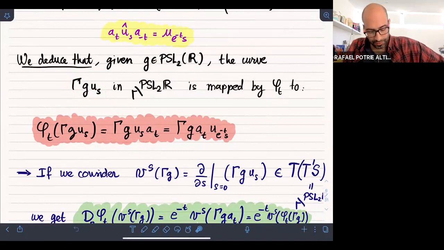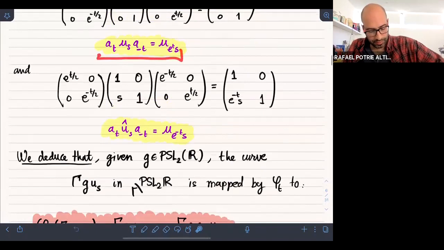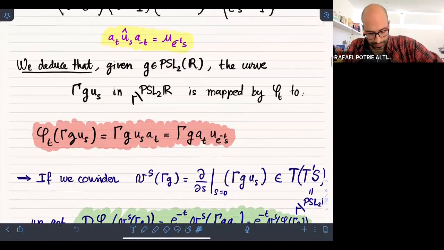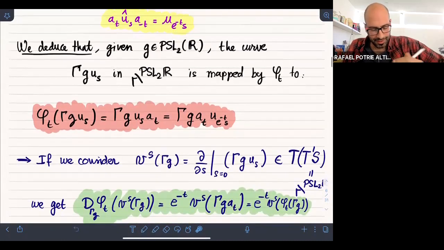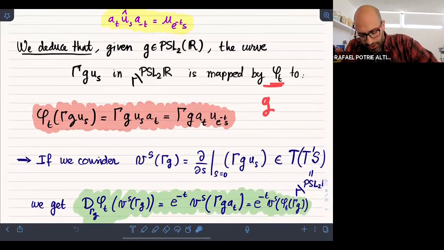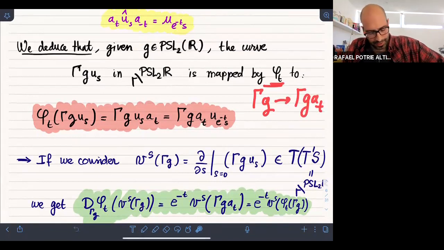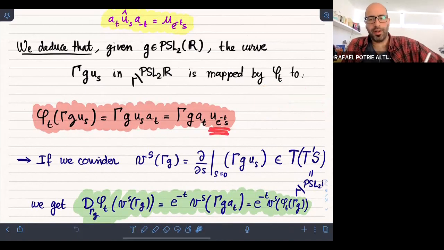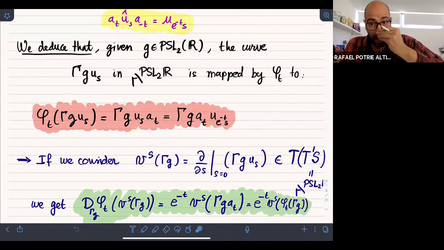And then I apply this commutation relation, and I get e^t U e^{-t} s. So it means that this flow maps xi gamma xi into gamma xi A_t, and it maps this parameterized curve into this parameterized curve. So it's contracting the length of the curve by a factor of exponential minus t.